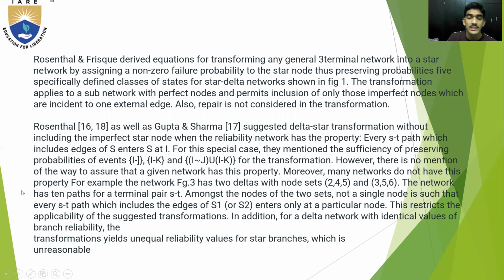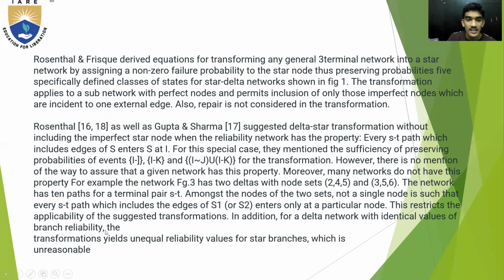The network has 10 paths for a terminal pair S to T. Amongst the nodes of the two sets, not a single node is such that every S-T path which includes the edges of S1 or S2 enters only at a particular node.